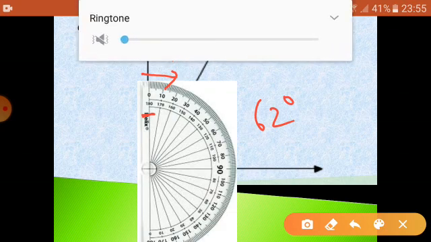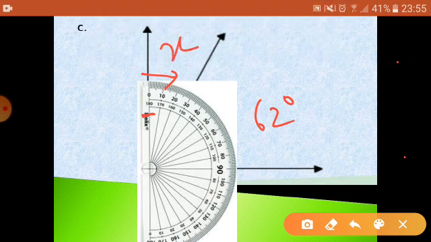Next, 0, 10 degree, 20 degree, and see, this is just slightly before 30 degree. It's approximately 28 degrees.